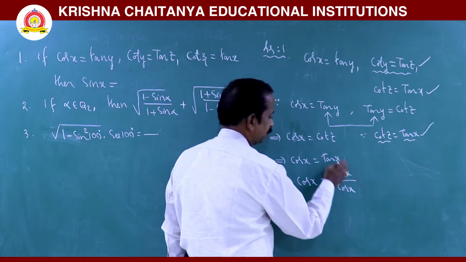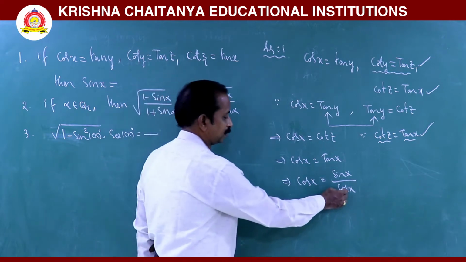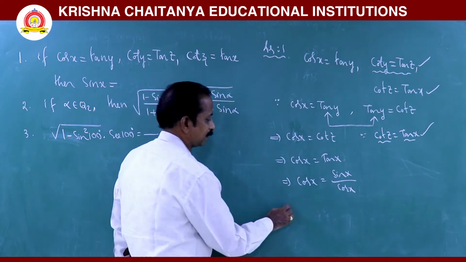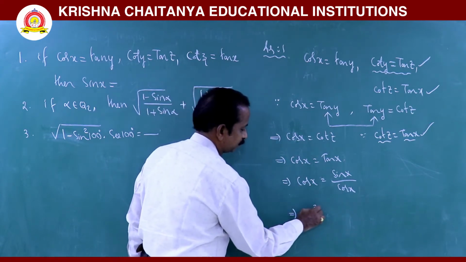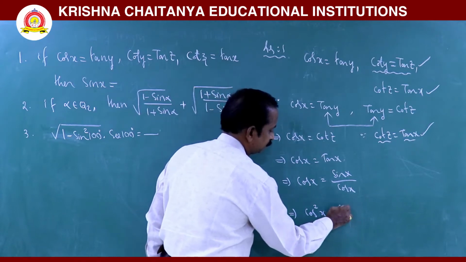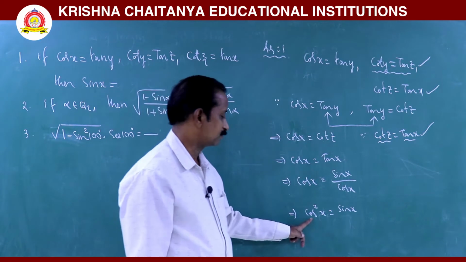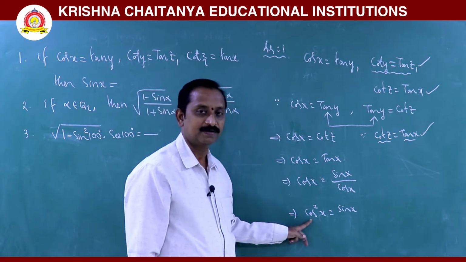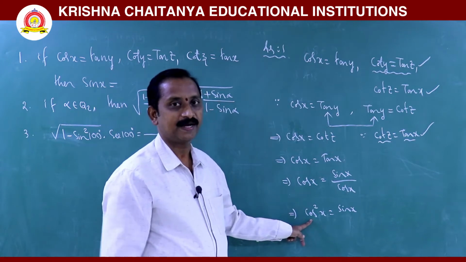The reason is tan x is equal to sin x by cos x. Now, cross multiply. After cross multiplying, we get cos x into cos x, cos square x, is equal to sin x. We need the sin x value, so that is why cos square x also needs to be converted into sin square x. How to convert? Using an identity.